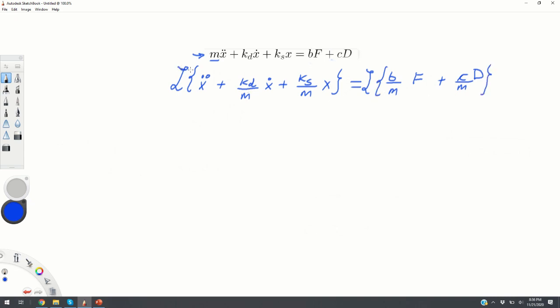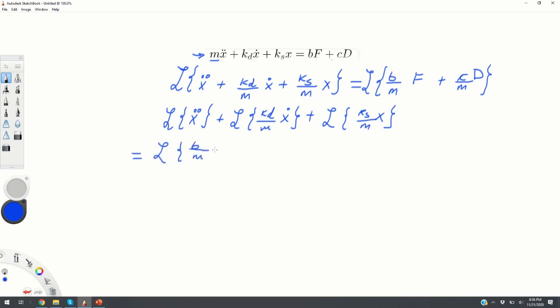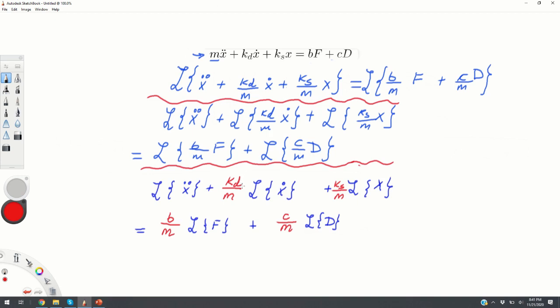Now, since the Laplace transform operator is a linear operator, we obtain... Now, again, since the Laplace transform is a linear operator, these constants inside of these brackets can go out.